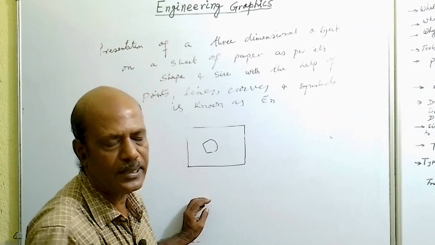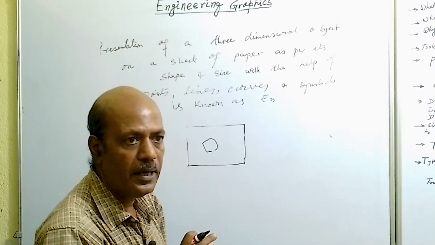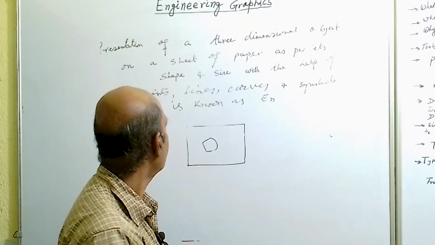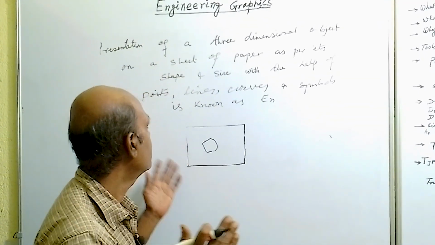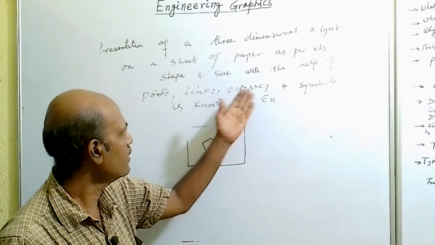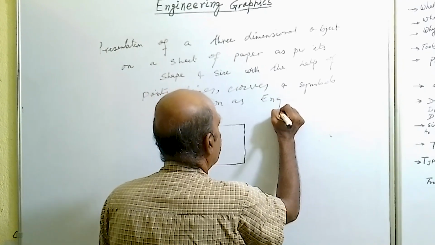So this is as per the definition. So presentation of a three-dimensional object on a sheet of paper as per its shape and size with the help of points, lines, curves, symbols is known as engineering graphics.